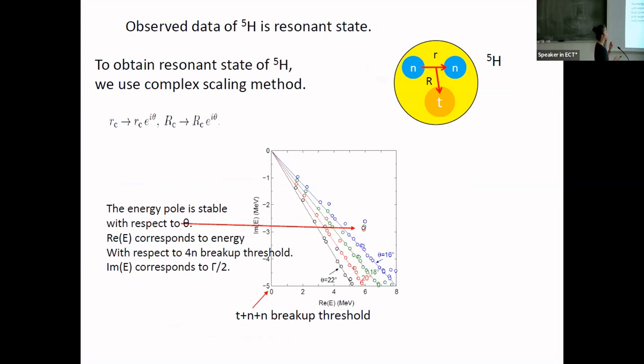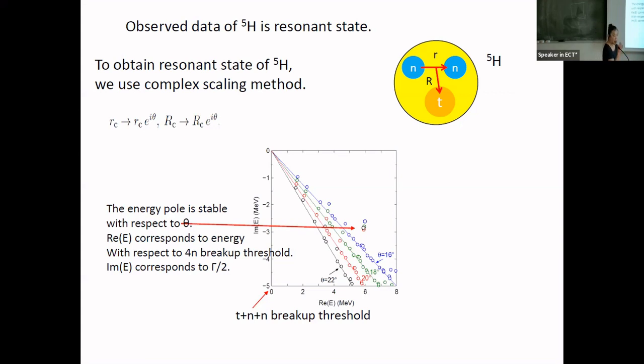In this three-body model we have this kind of Jacobi coordinate, and r and capital R are scaled like this. After that, for each theta, we can obtain discretized states. If we have a resonance state, we get a pole that is stable with respect to the scaling parameter theta.